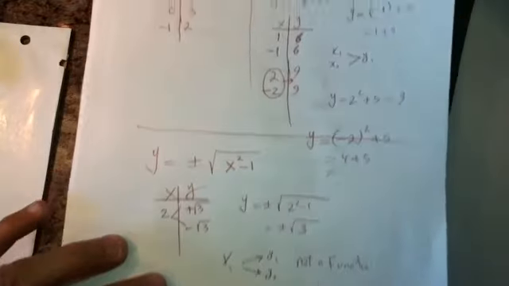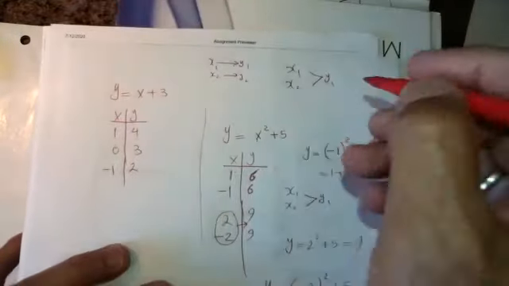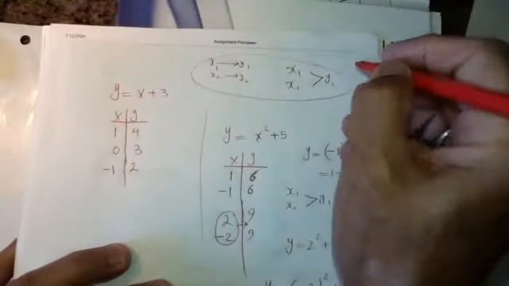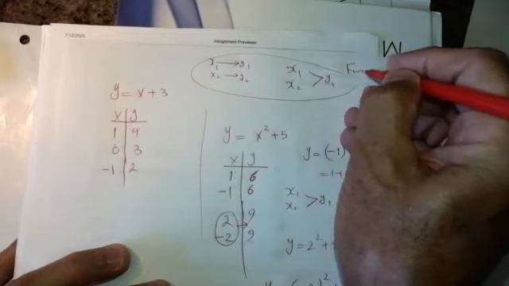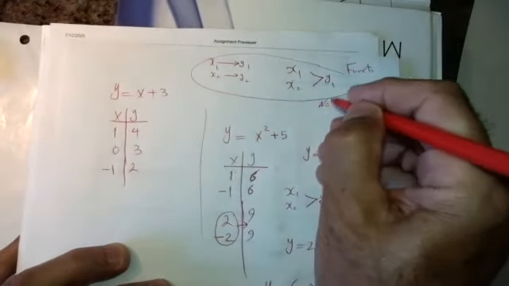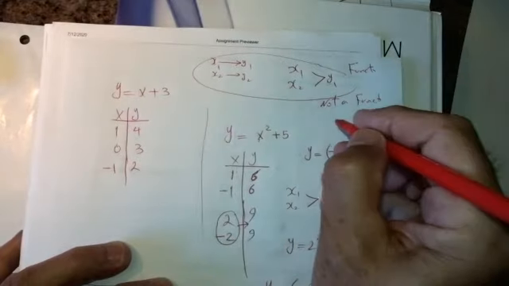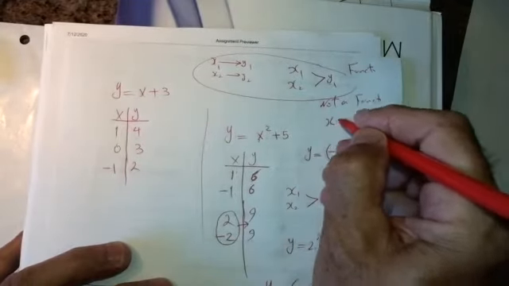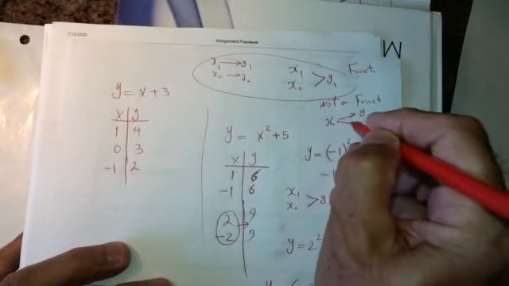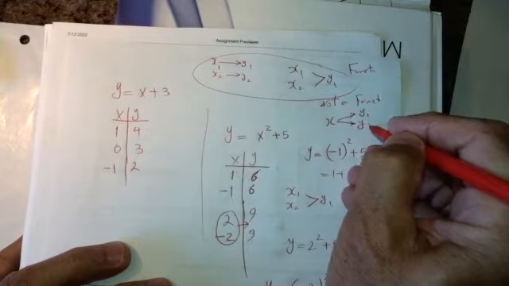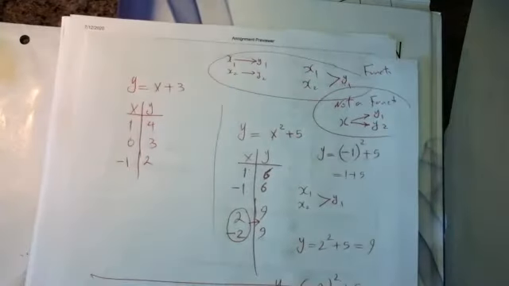It's completely opposite of these two. So these are for functions. Not a function is that for one x, you come up with two y. So you got to remember these definitions.